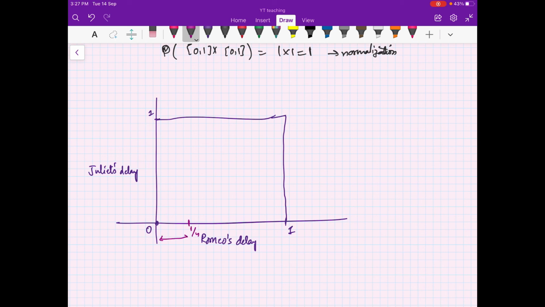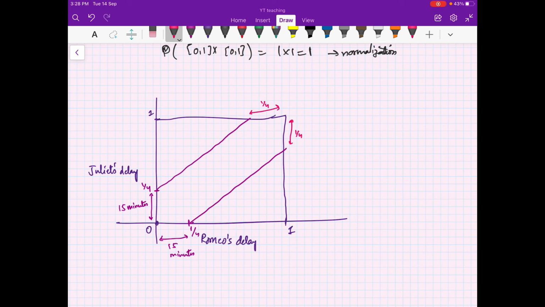So these are 15 minutes from the time of meeting, and here is also this 15 minutes, 1 by 4. So you see, I am drawing these two lines. This length is 1 by 4, and this length here is 1 by 4, right?